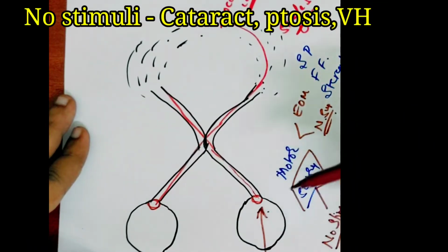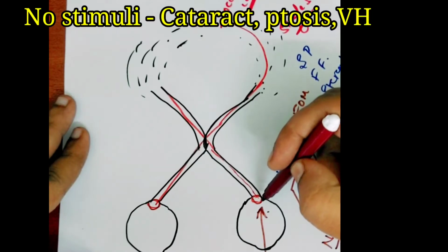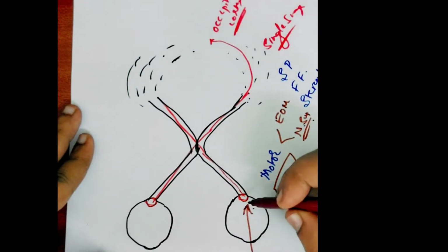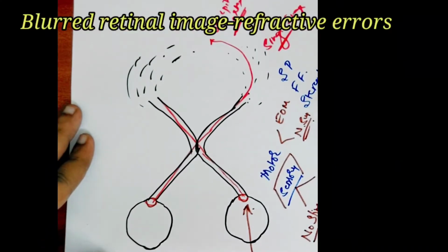Then no image is formed at the fovea, and there is no question of fusion at all. In the second scenario, the image projected to the fovea is not clear. The image is blurred, like in refractive errors such as hypermetropia, astigmatism, and even myopia. The quality of the image projected to the fovea is not good.